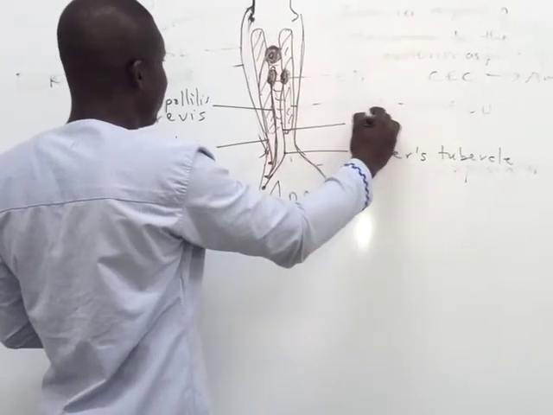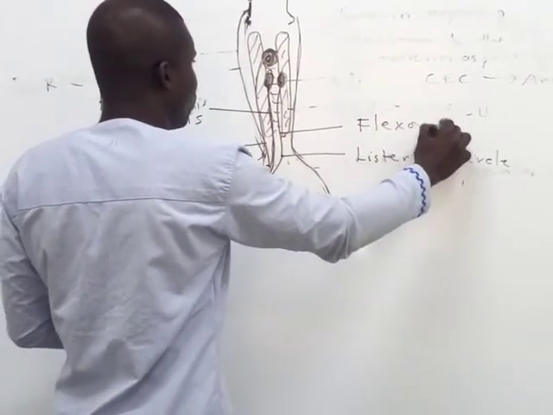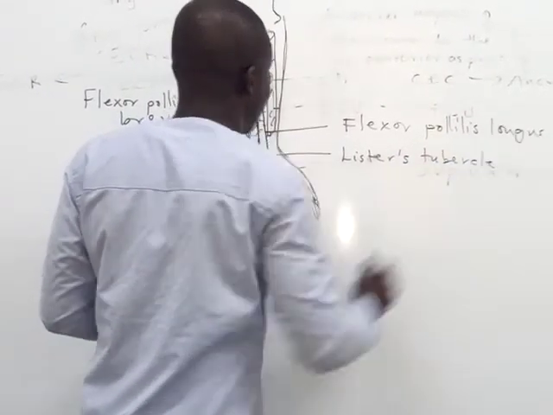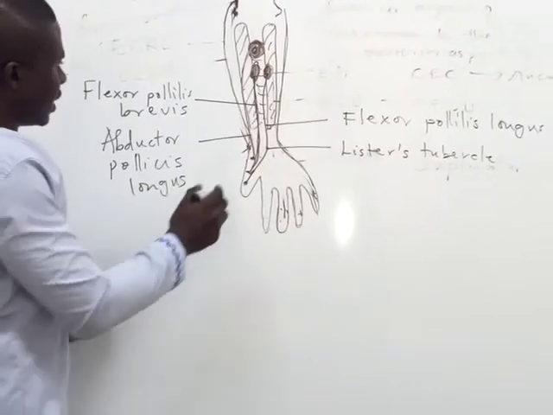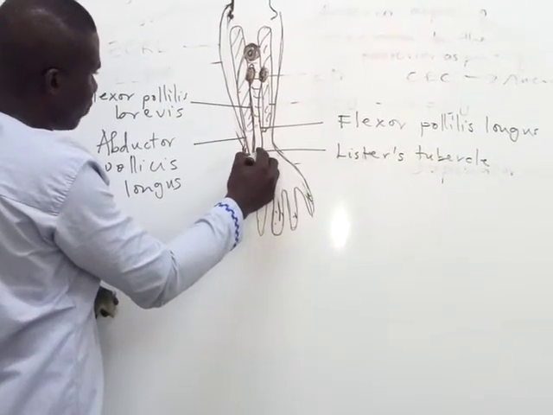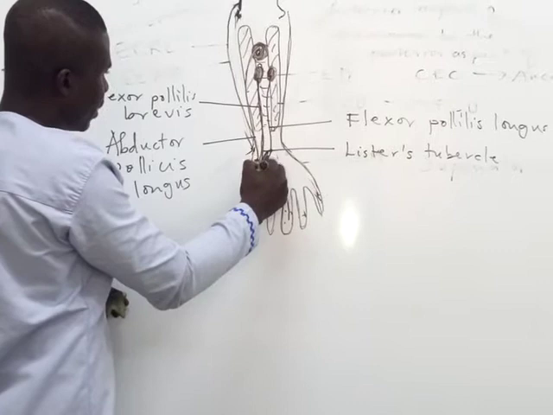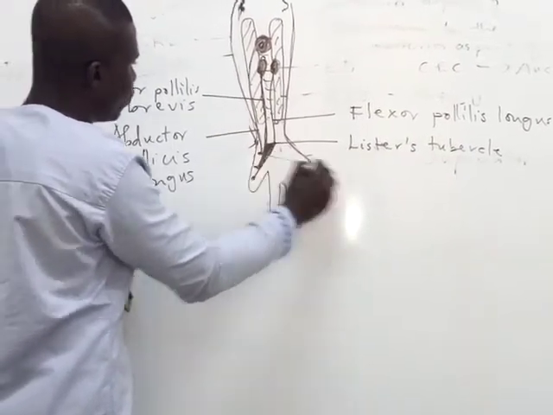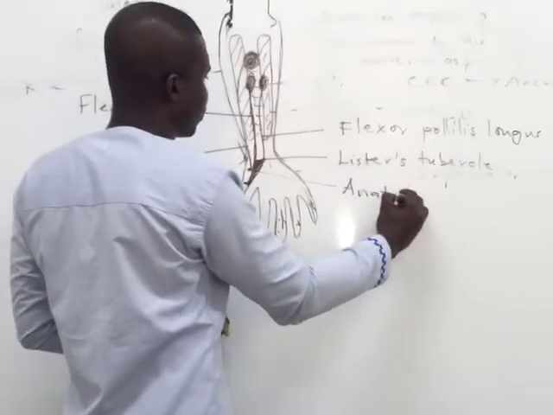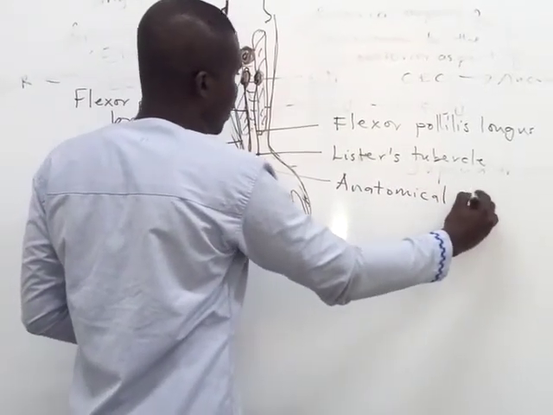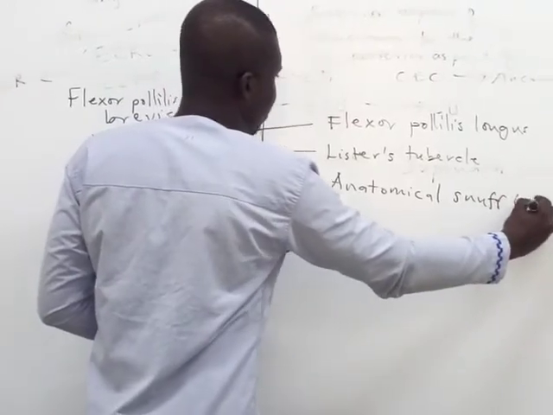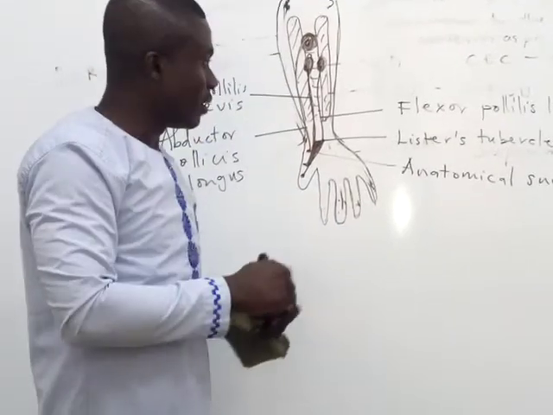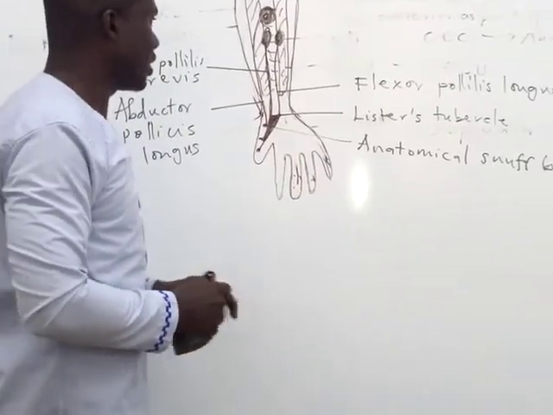Therefore, we call it extensor pollicis longus. Now, this area between the extensor pollicis longus medially and the extensor pollicis brevis laterally is known as the anatomical snuff box. Those times, people used to put snuff there and sniff it. So that's the anatomical snuff box.